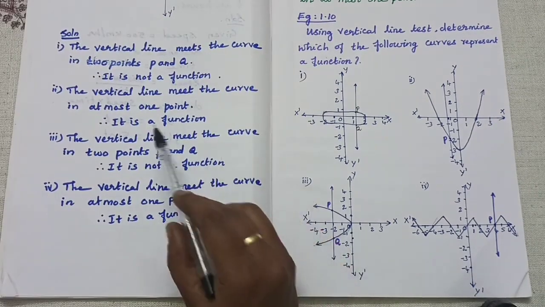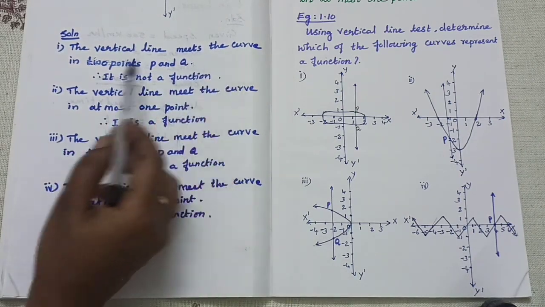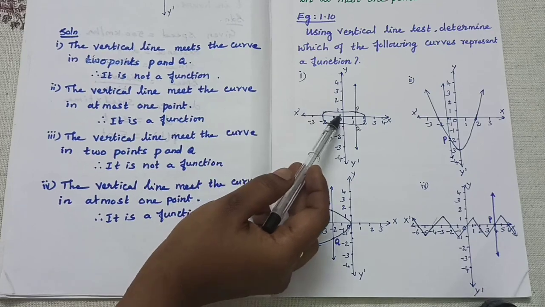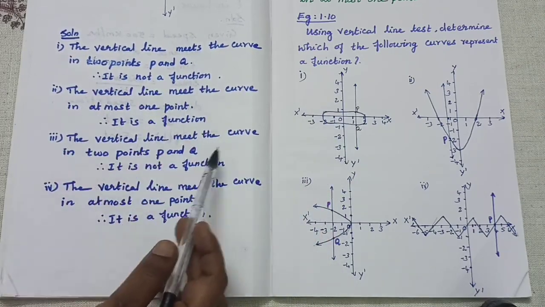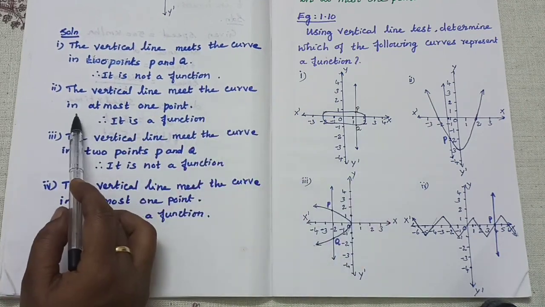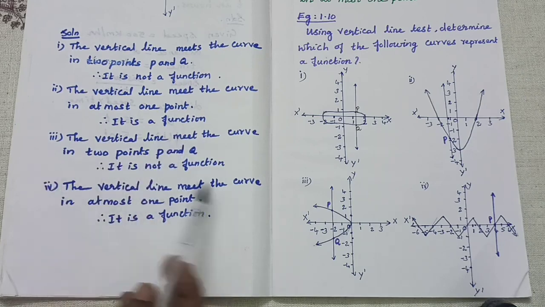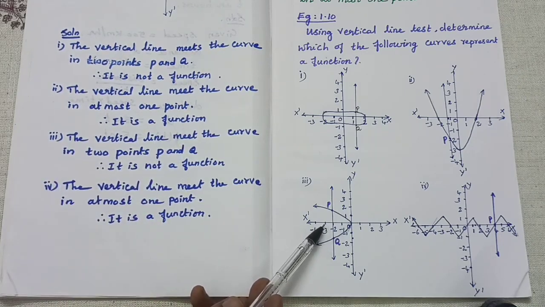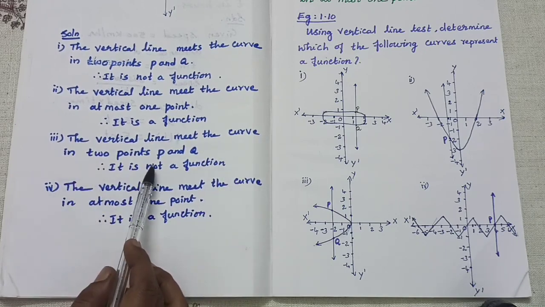So like this you write the answer. First one, the vertical line meets the curve in 2 points, P and Q. Therefore it is not a function. Second one, the vertical line meets the curve in at most 1 point. So it is a function. Third one, the vertical line meets the curve in 2 points.